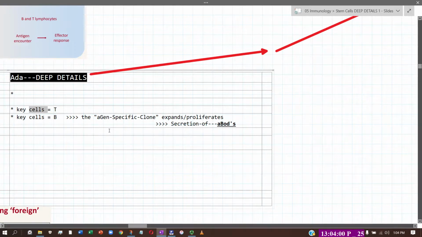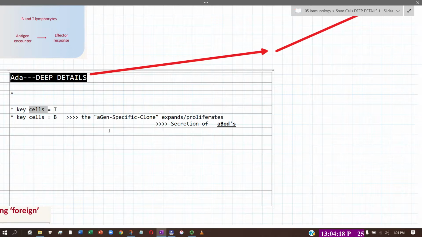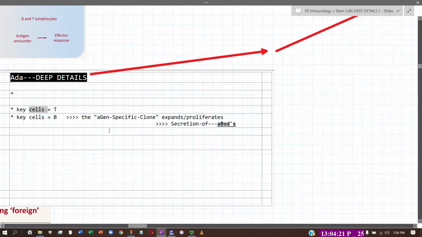The A is for anti and then gen for gen, versus A-bod, which is A again for anti and then bod for body. So here we have the concept of antigen-specific clone. That clone will expand and proliferate, and it will secrete antibodies.